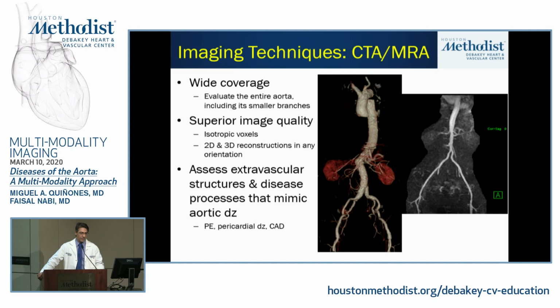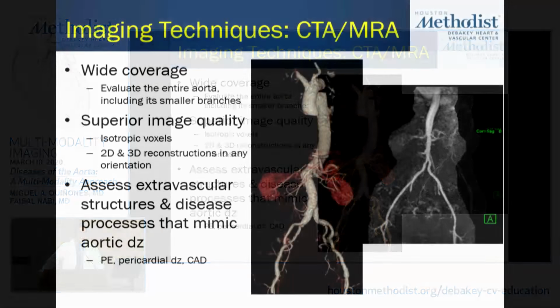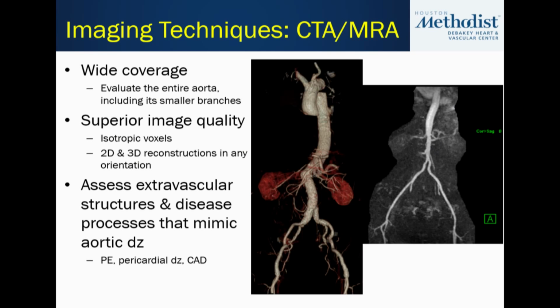You can evaluate the entire aorta, including all its small branches, in one study. We have very high spatial resolution and excellent image quality with both techniques. And as you're assessing the vasculature, you can also assess extravascular structures, which can give you insight into different disease states.